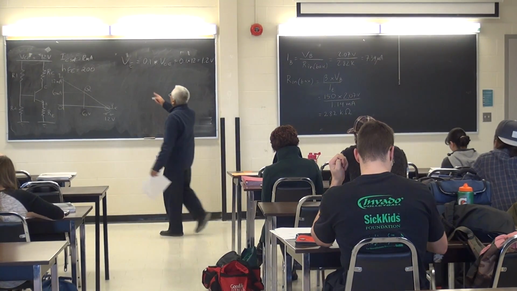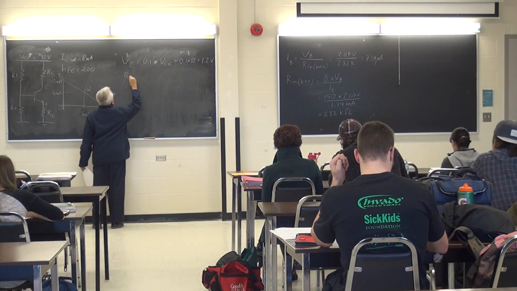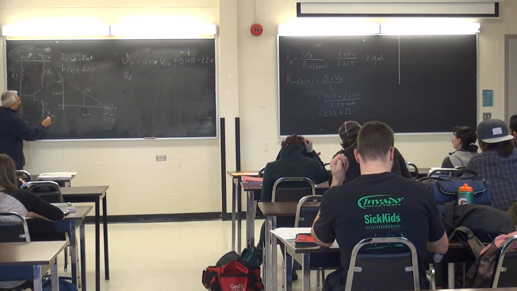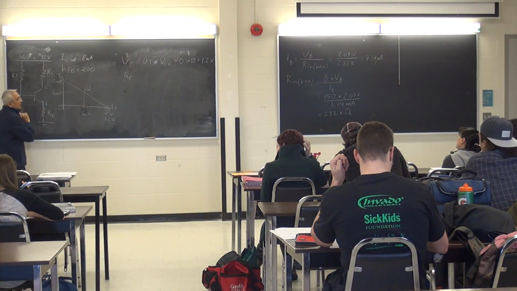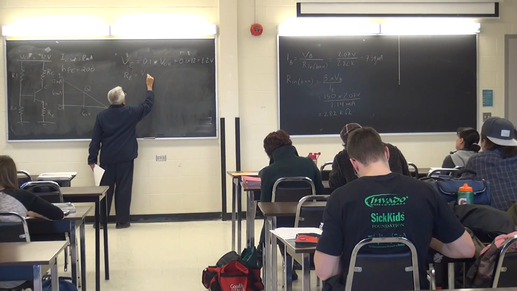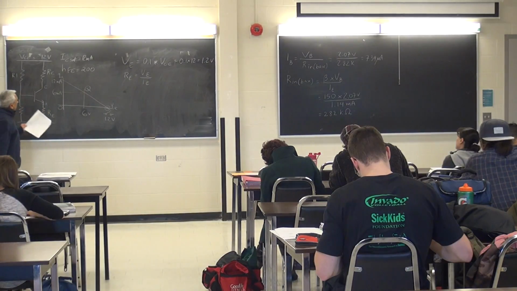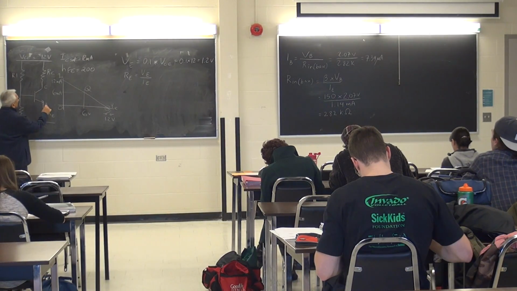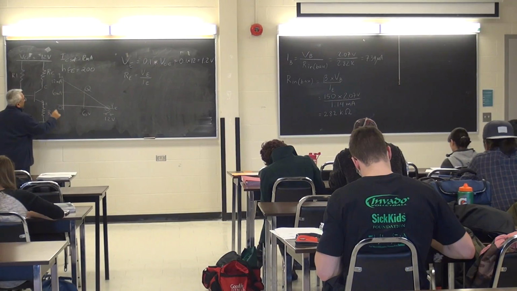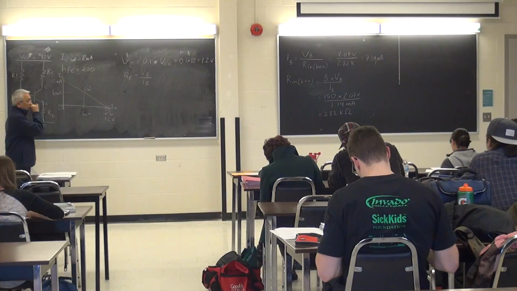Next, now that I know VE, I'm going to find RE. My first of the four resistors, RE. For RE, I'm going to use Ohm's law. VE over IE. There's VE here, voltage at the emitter to ground, divided by the current, IE.